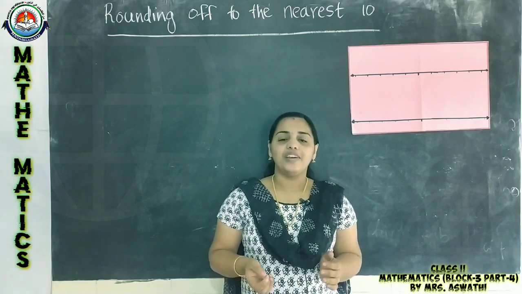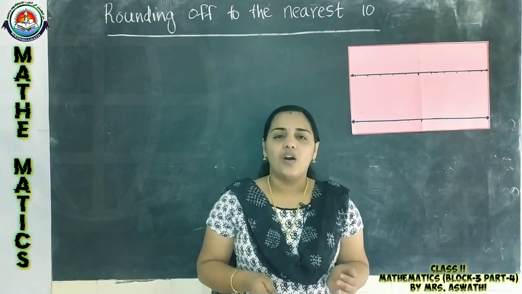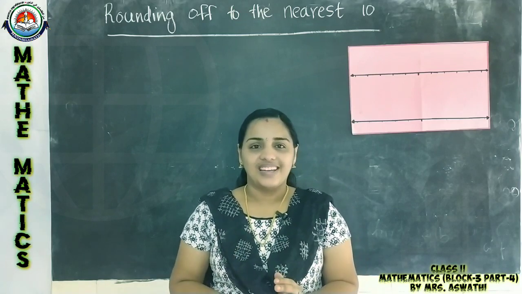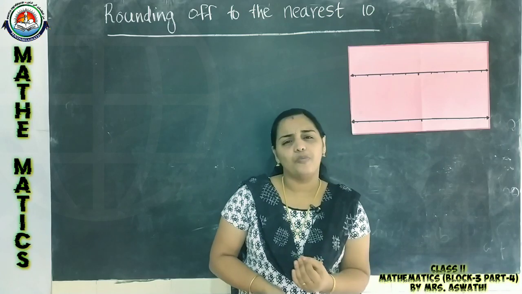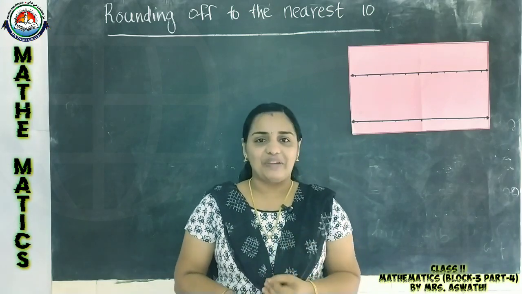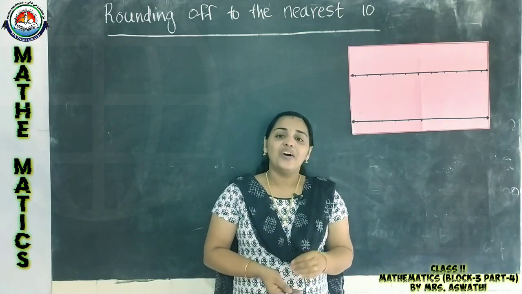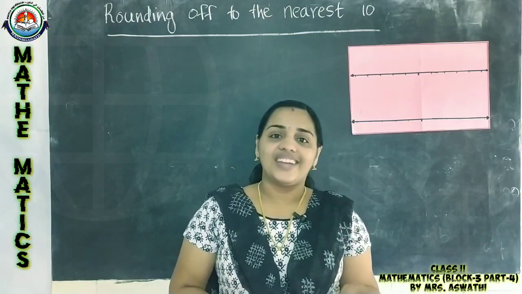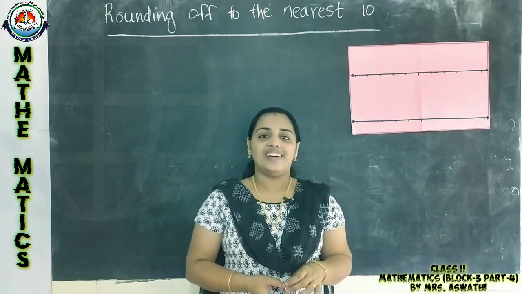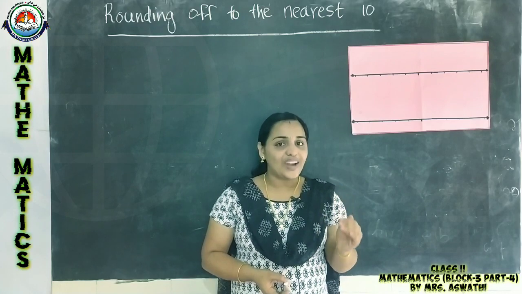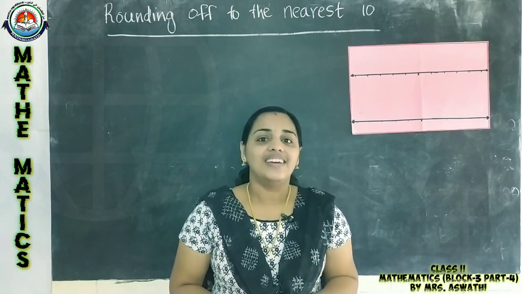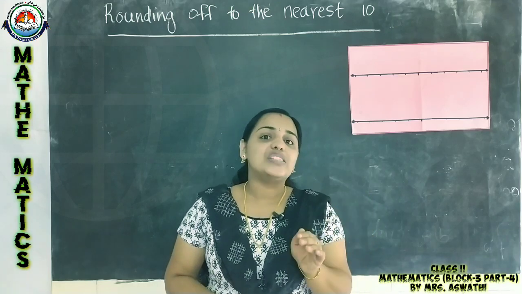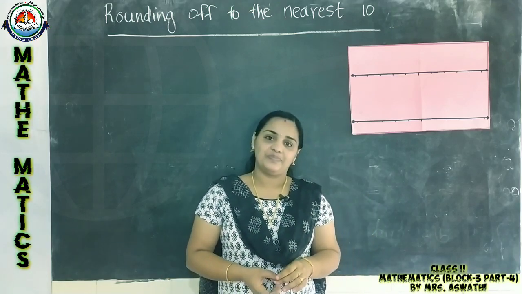If I ask not for an exact number, just around how many students, then when we do not need an exact number, we can say the closest to the actual number.